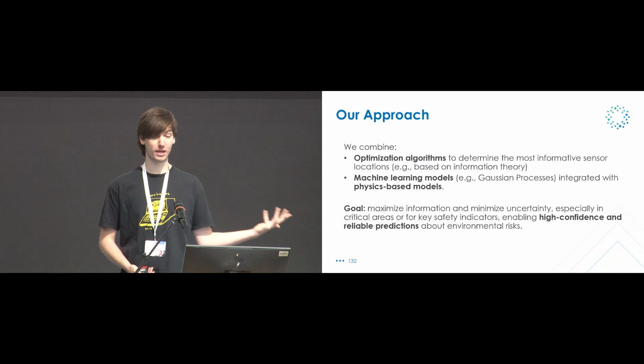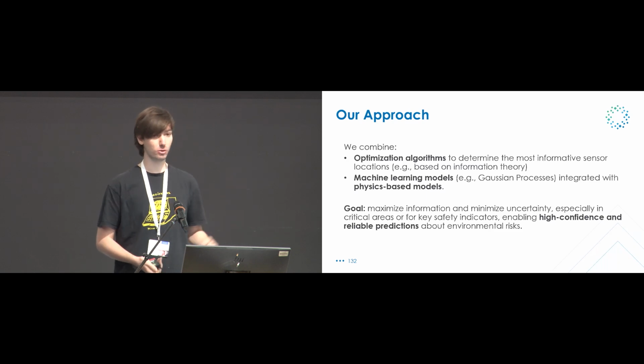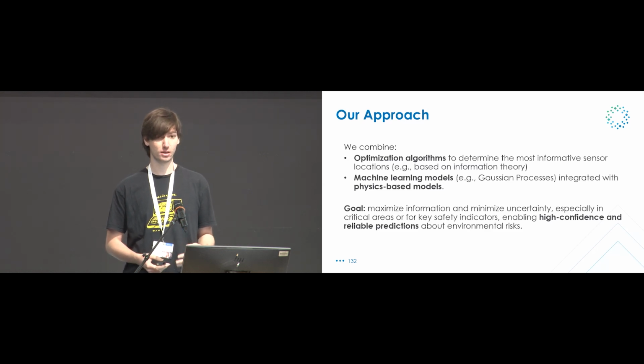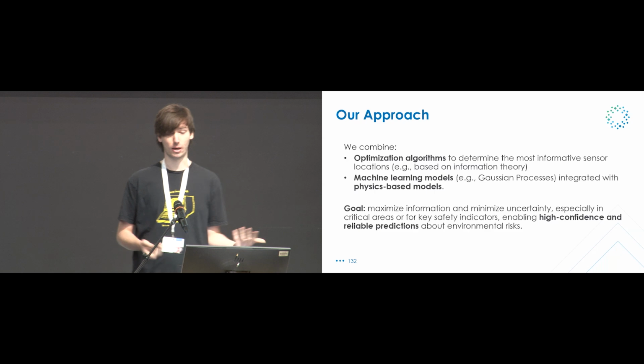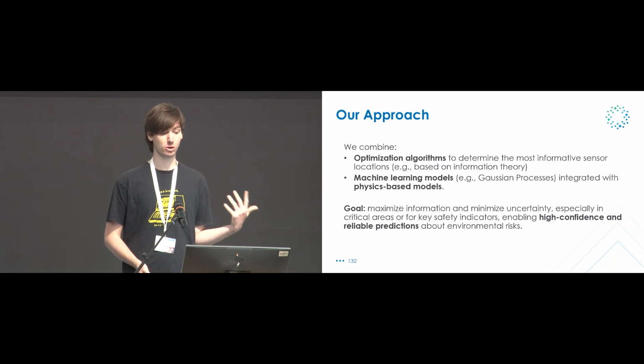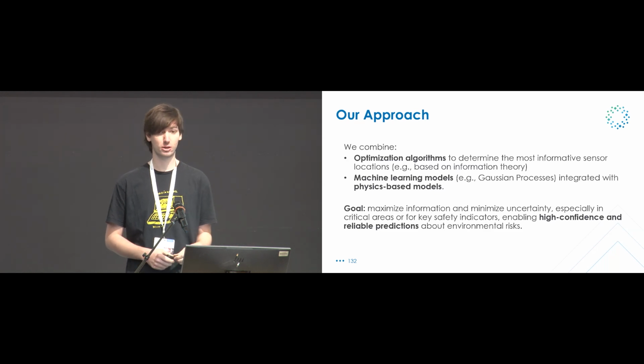And then once we place the sensors, we also need a model to be able to do the extrapolation, and so for this we will use some machine learning model like Gaussian process training to do the extrapolation, integrated with physics-based models. And the goal is to maximize the information but also minimize the uncertainty, especially in a critical area.